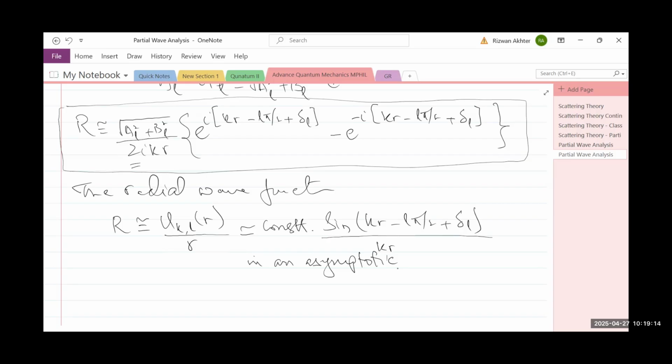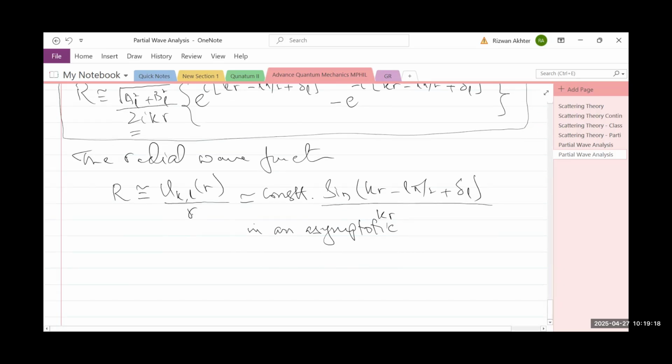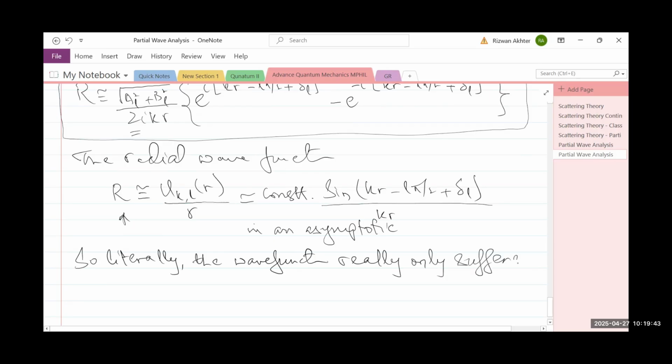So one would say that this is, in some intuitive manner, so literally the wave function, that is this R wave function, the wave function really only suffers a phase shift.